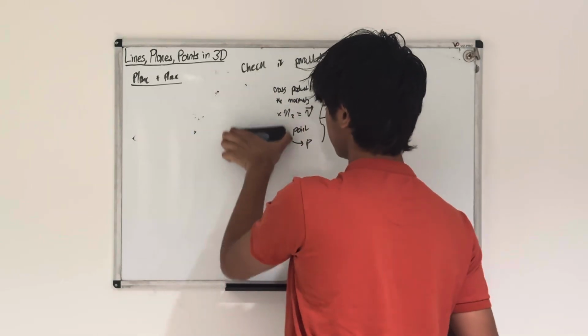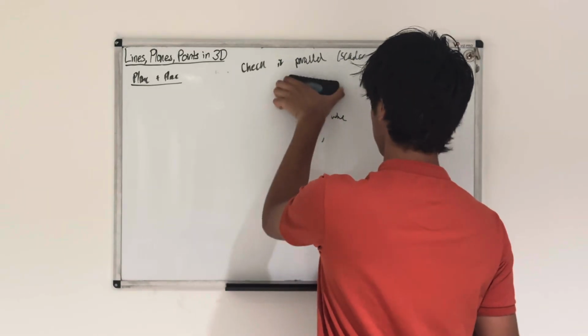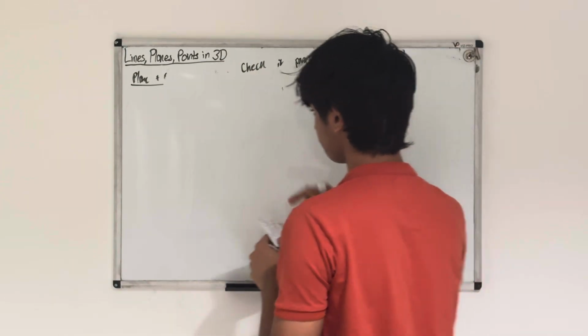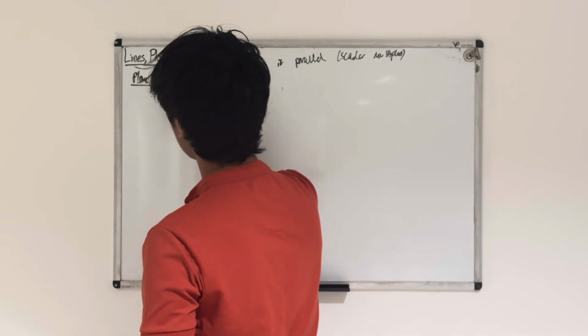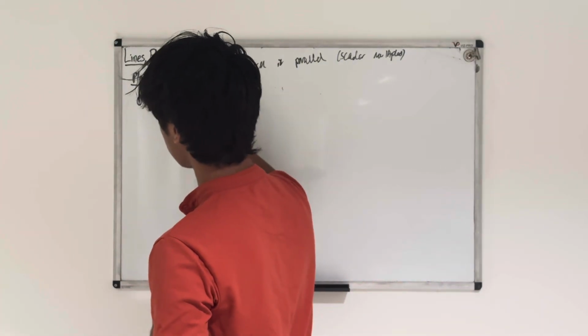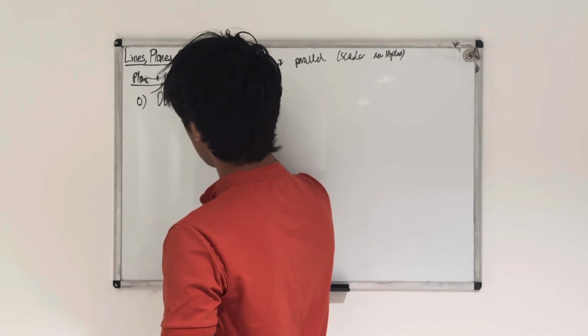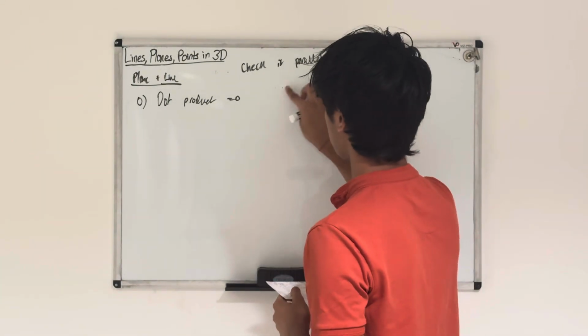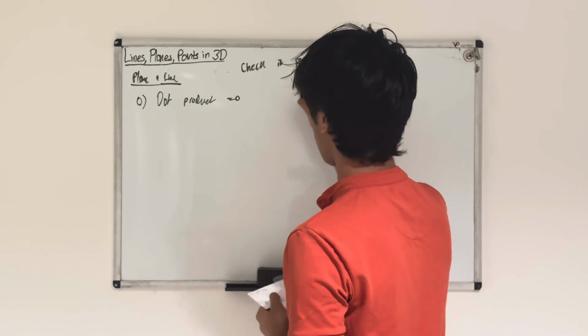How do we find the intersection between a plane and a line? For a plane and a line, the first thing you have to check is if it's parallel, right? You have to check for the dot product equaling 0. The reason why is, let's imagine that we have a line and a plane.